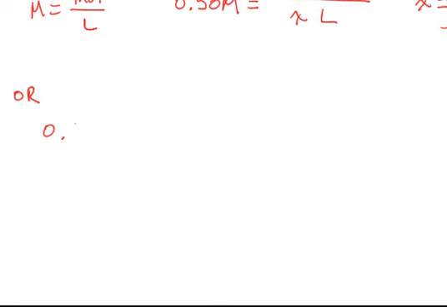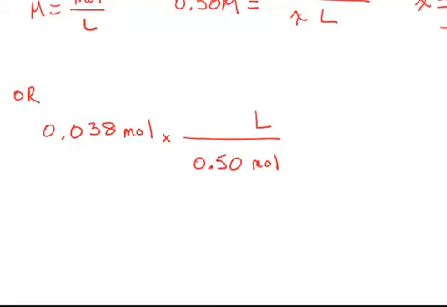You could take your 0.038 moles, which is your given, and then again in a T-chart you want to make sure that moles is on the bottom, and if you're solving for liters that would be on the top, and so our concentration 0.50 moles in 1 liter. And then what you end up with again is 0.076 liters.